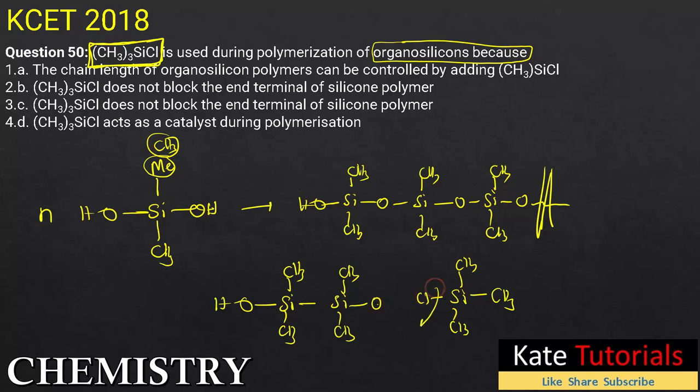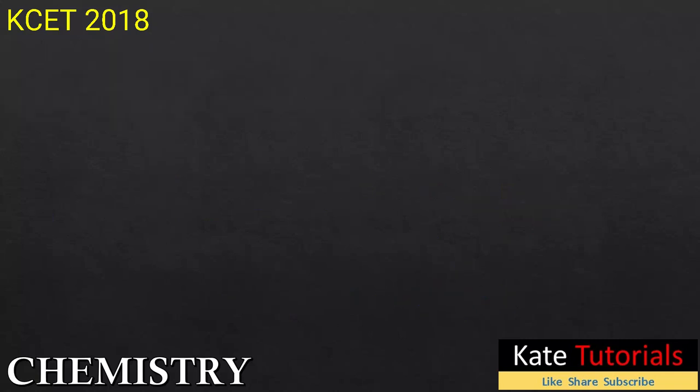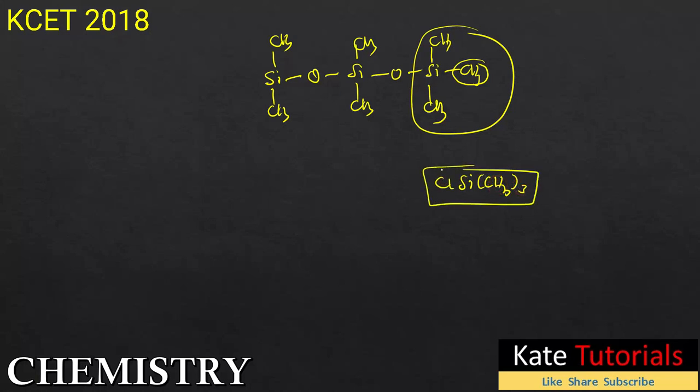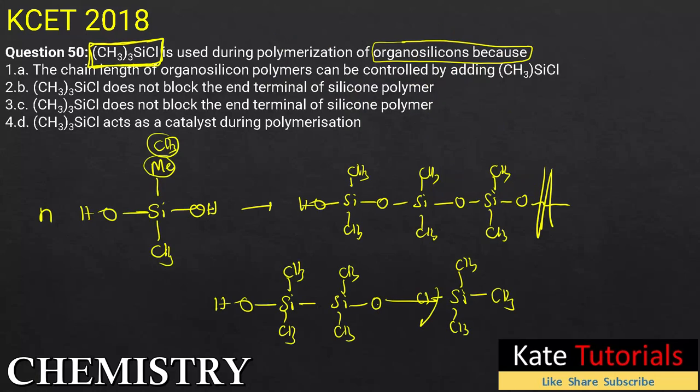This chlorine will leave the system and this blocks the chain. So what I get is silicon, CH3, CH3, O, Si, CH3, CH3, O bonded to silicon, which is stopped now. Why? Because here I don't have OH, here I have CH3. So we use SiCH3 thrice Cl to block or stop the polymerization.